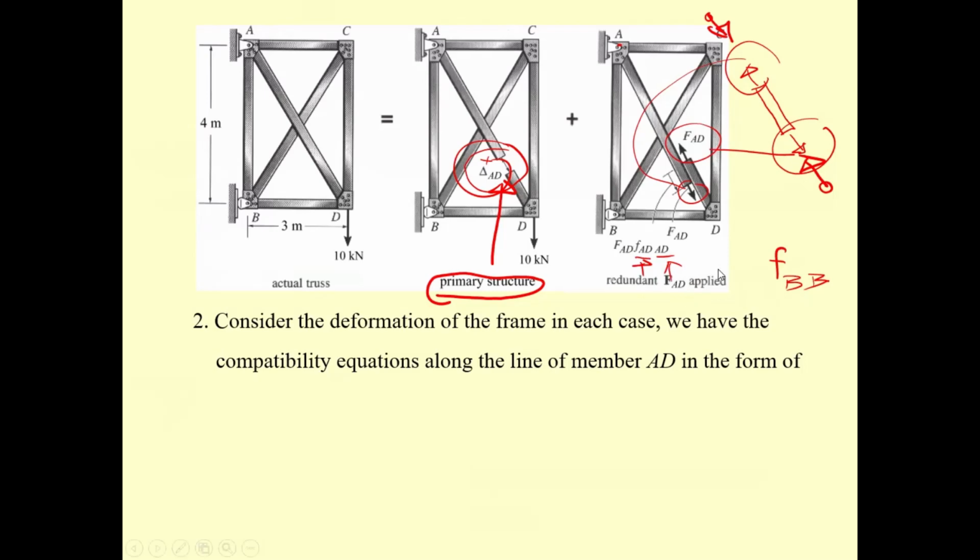Now, based upon this one, again, the deformation on this member AD is going to be very small. Set it to be 0. And then this is positive. This is going to be positive.